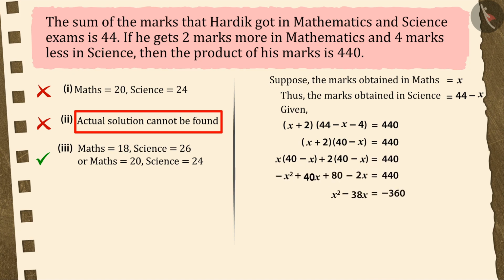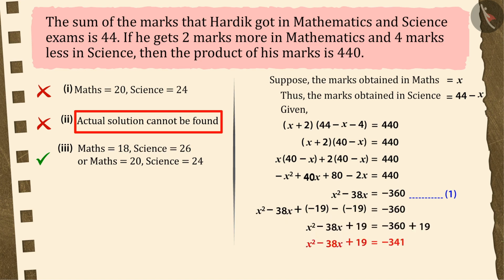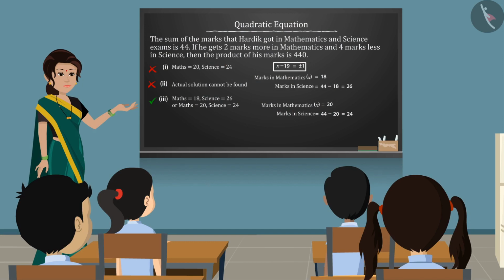Because when you divided 38, the coefficient of x in equation 1, by 2 and then added and subtracted it directly to the left-hand side of the equation without taking the square of 19 and then doing the same, we get stuck here because we made a mistake while making the perfect square due to a wrong understanding, because of which you get an incorrect answer. So hopefully you must have understood why the third option is right in this example and why the other options are wrong.